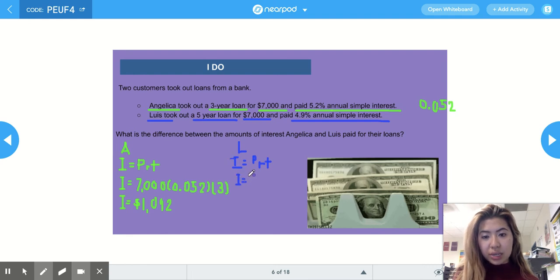So our principal is 7,000. Our interest rate as a decimal is going to be 0.049.